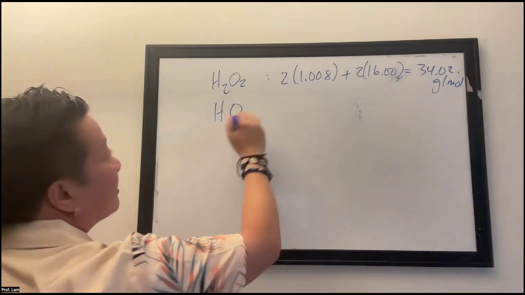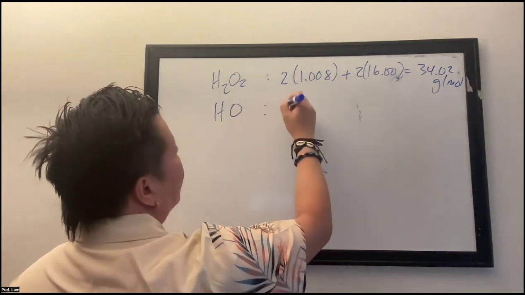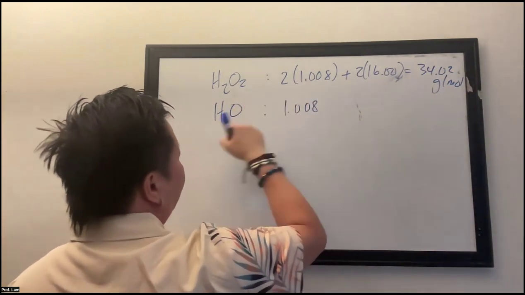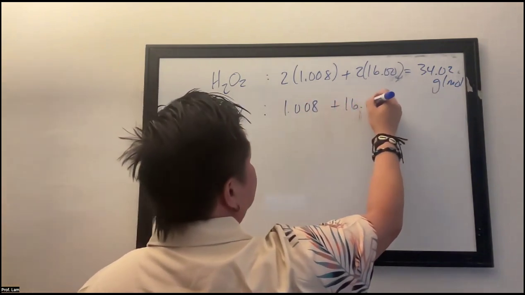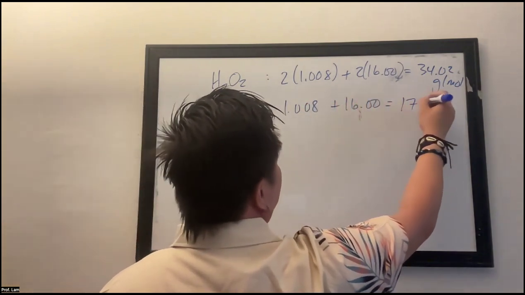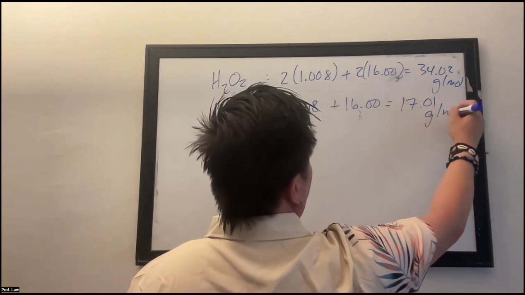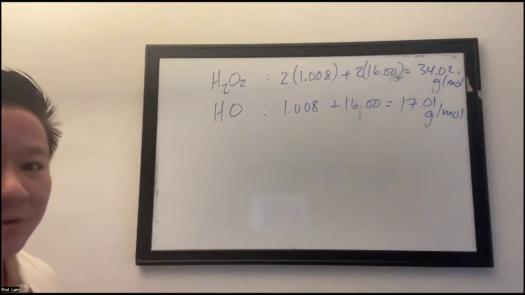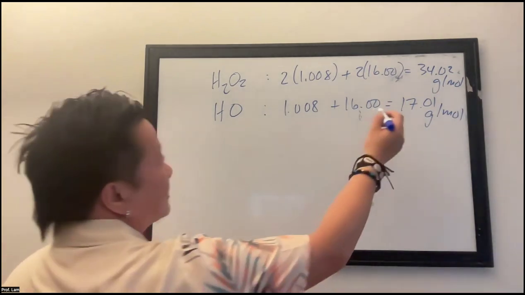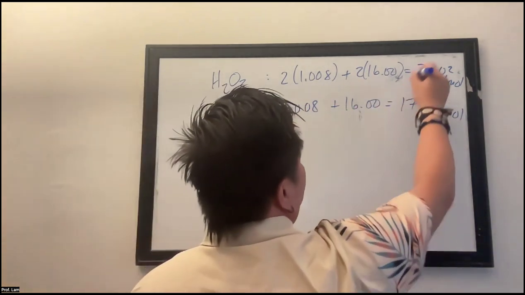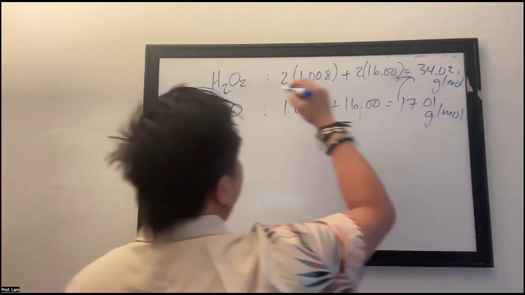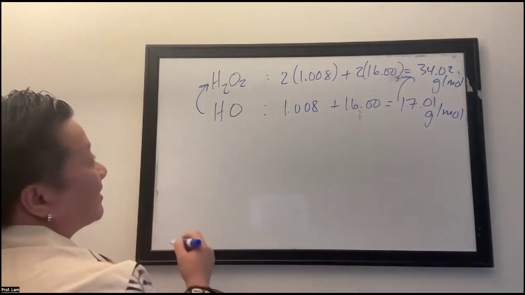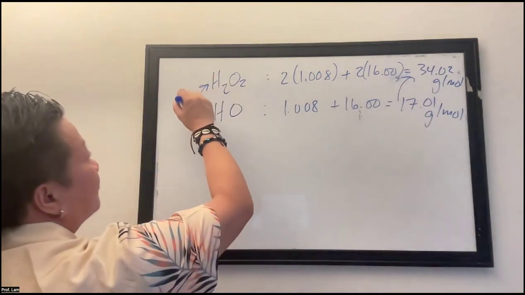Okay, if you calculate it for HO, well, that's 1.008 from the hydrogen, plus 16.00, which is 17.01 grams per mole. So what do you see? The mass of the empirical formula has the same factor, right? And the factor there is 2 to the molecular formula.